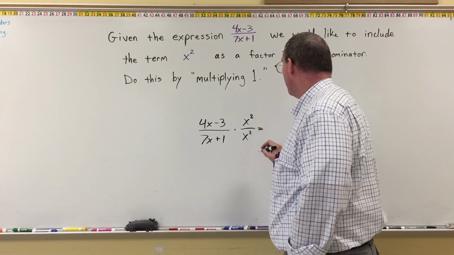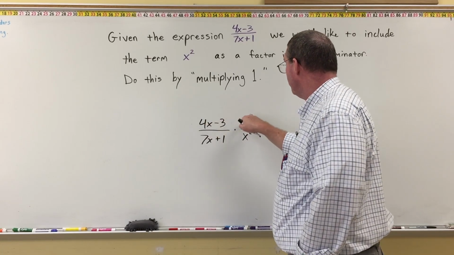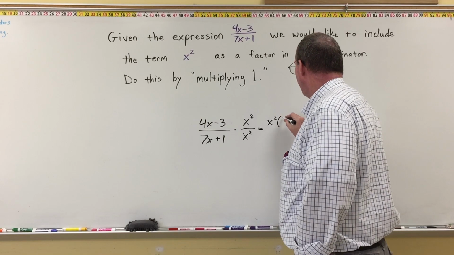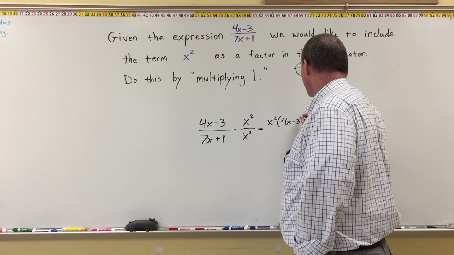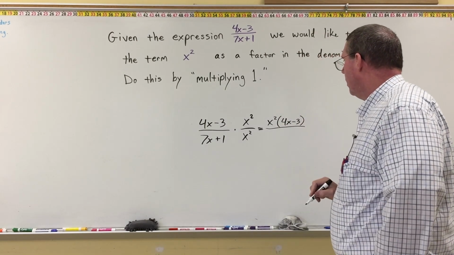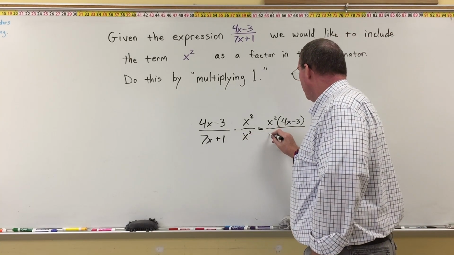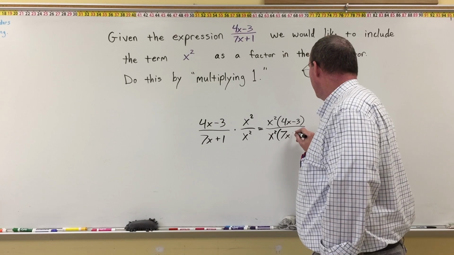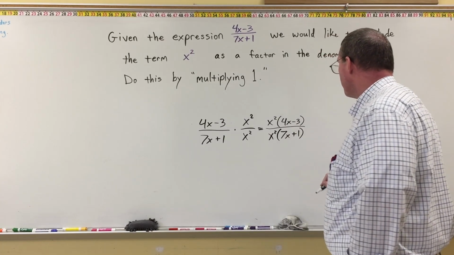And so we're going to multiply this term times the x squared. Let's put the x squared first, and we'll put 4x minus 3 in parentheses. We'll do the same thing in the denominator. We'll put the x squared first, and then we'll put 7x plus 1 in parentheses.